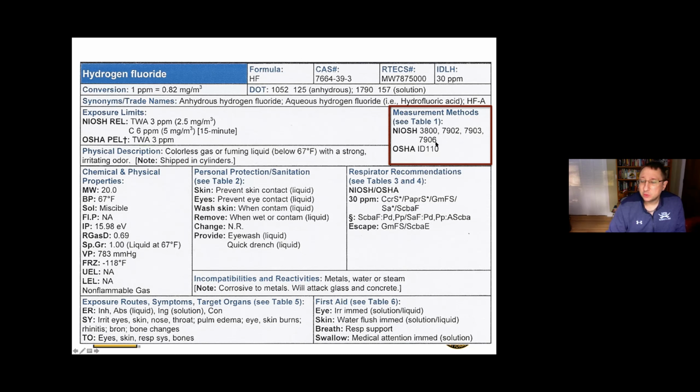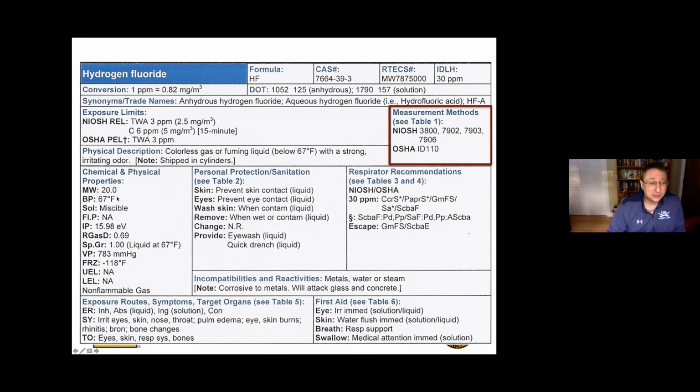This tells us what analytical method and what sampling method I have to use to collect a personal sample on a worker to be compliant. If I'm concerned about finding out if an employer is in compliance, if they're overexposing workers, I have to make sure that I look up the correct sampling method and abide by that to make sure that I'm taking a valid sample.